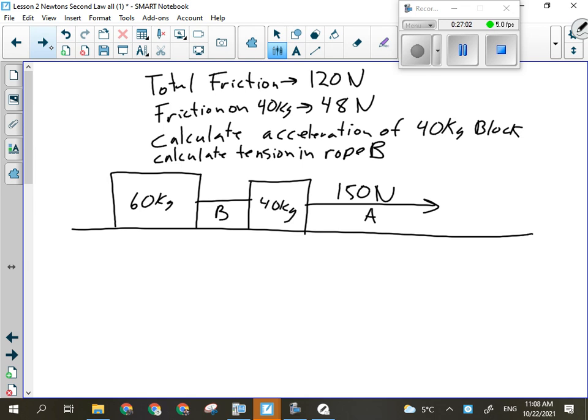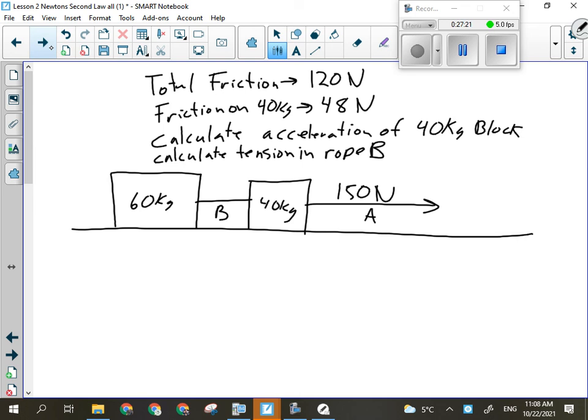We did one like this yesterday. System question. I want you to see how much you remember from yesterday. So the total friction on the whole system is 120 newtons. The friction on the 40 kilogram mass is 48 newtons.